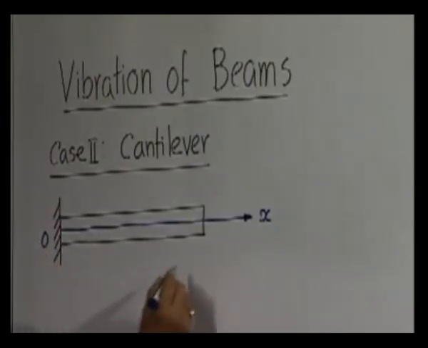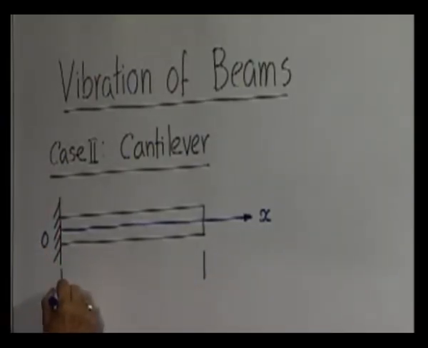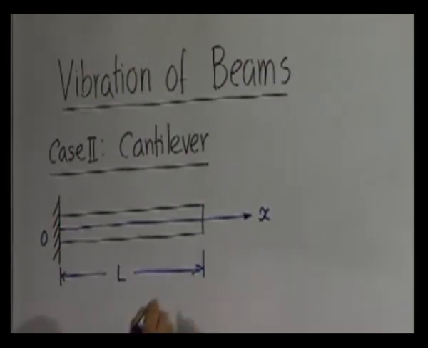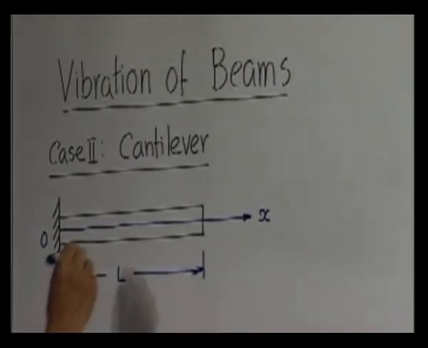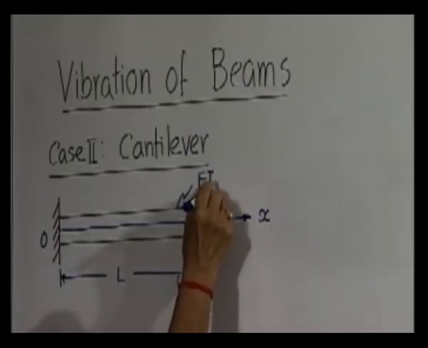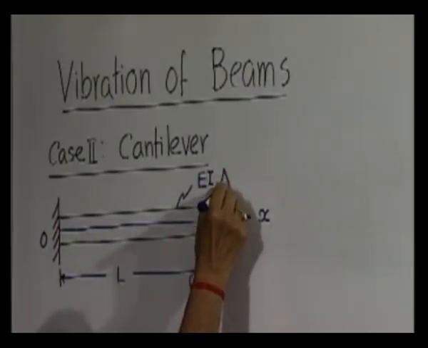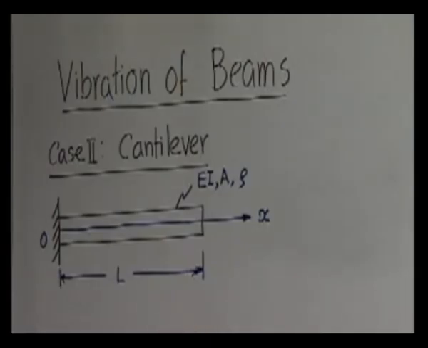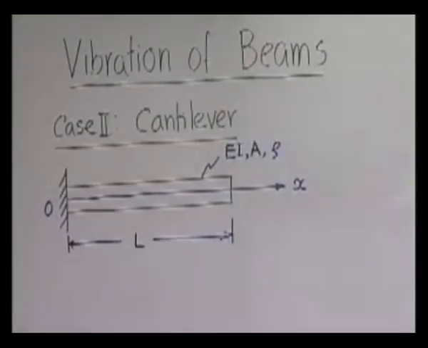That means one end fixed and the other end free. The length of the beam is L, its flexural rigidity is EI, the cross sectional area is A, and the density of the material of the beam is rho.